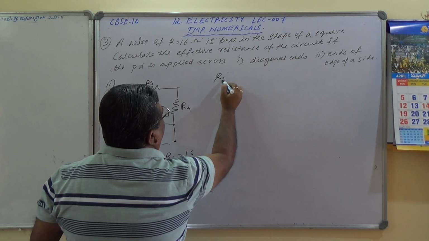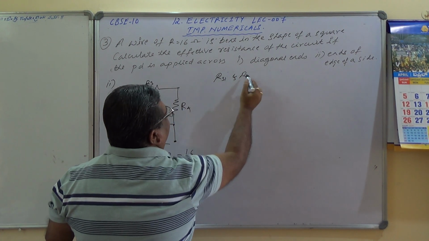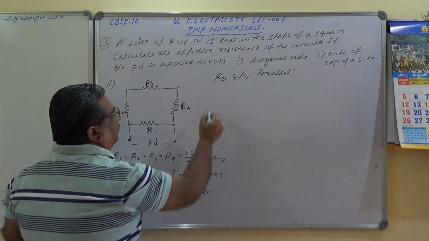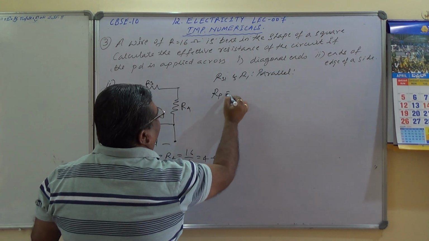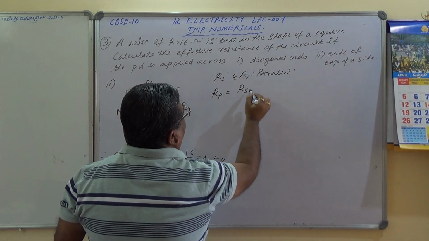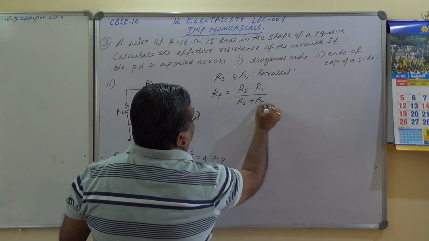Now Rs and R1 are in parallel combination. Therefore, equivalent resistance Rp equals Rs into R1 divided by Rs plus R1.